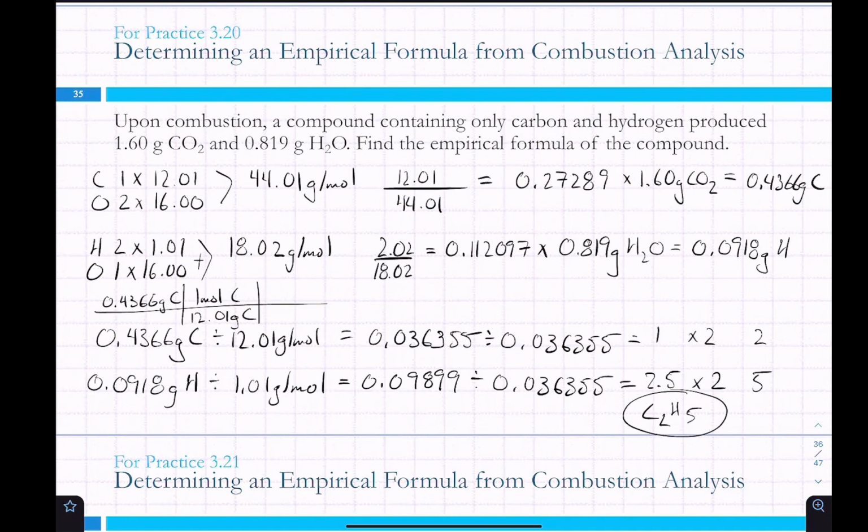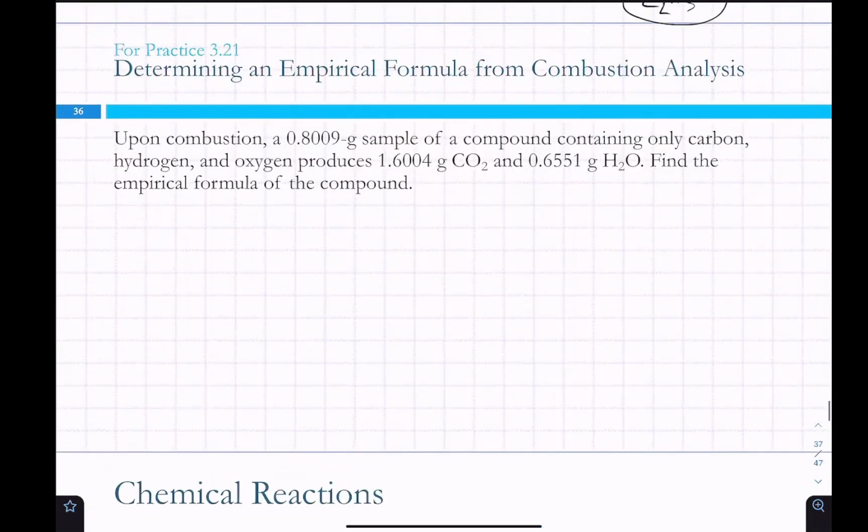The one caveat is that this had carbon and hydrogen, it did not have oxygen. So we can still do the exact same thing to figure out how much carbon and how much hydrogen. And once we know the mass of the carbon and the mass of the hydrogen, in this problem, we're also given the mass of the original sample.